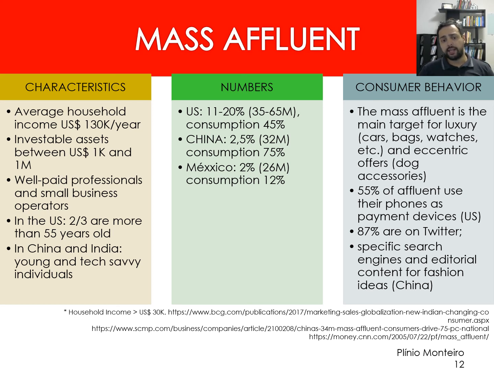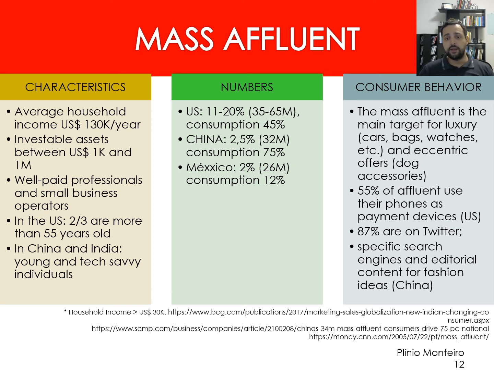And in China and India also, the number of mass affluent is increasing, and usually they are very young and tax saving. So basically, they like to experiment with new technologies, and they like to use innovation in their daily lives.